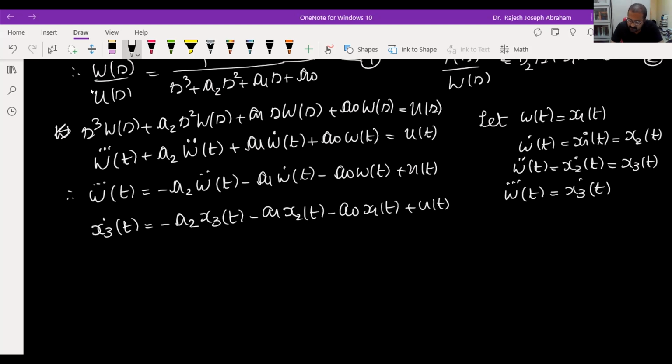Okay, what are the remaining equations? x2 dot equals x3, and x1 dot equals x2 of t.